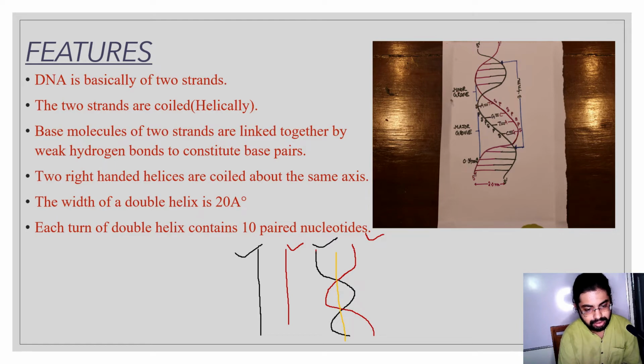Base molecules are adenine, guanine, cytosine or thymine. Let's say these are the base molecules in these strands, and these are the base molecules present in this strand. This is also present in this helical model, a twisted structure.